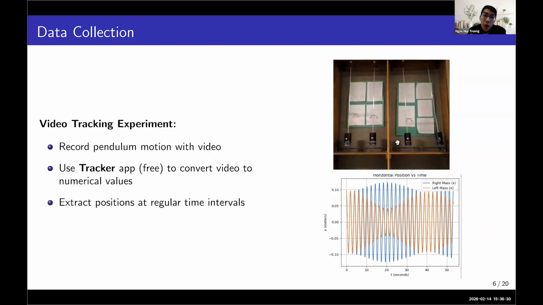We set it up, record a video, and use the Tracker app to convert the video to numerical values. Then we extract the information into data. You can see here, this is the data. It contains the right mass and the left mass. This is our data, real data, not simulation. I think that's good, because it makes students more engaged in the assignment.